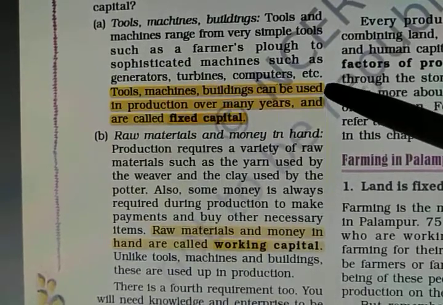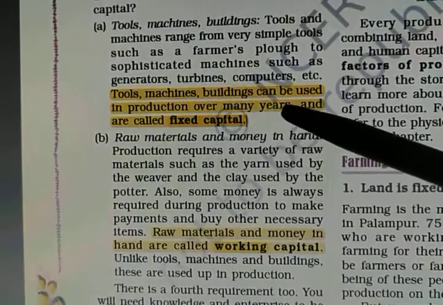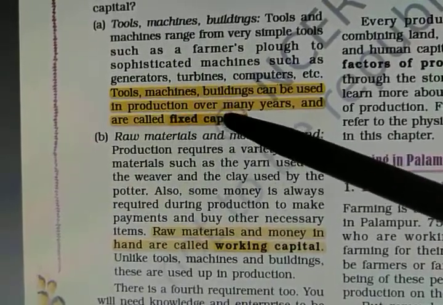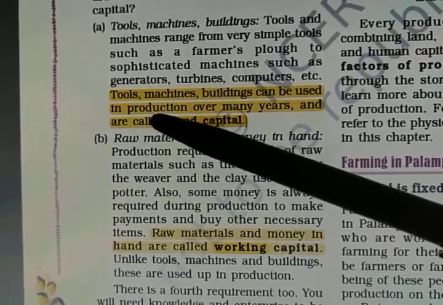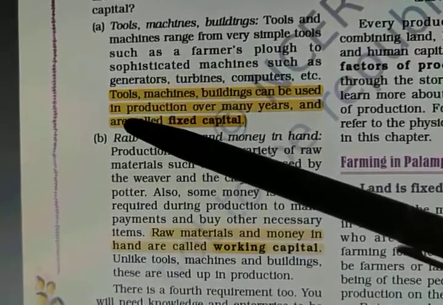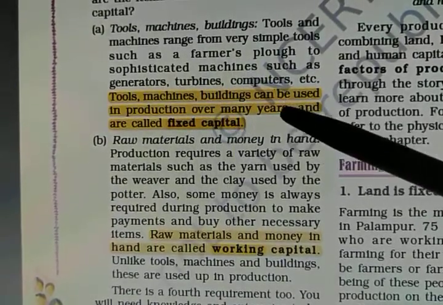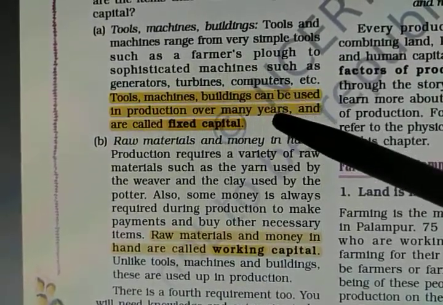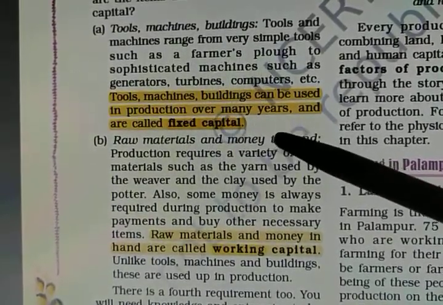All this is physical capital. Tools, machines and buildings can be used in production over many years and are sustained. Once we use them, again we can use them. So over many years, they are called fixed capital.